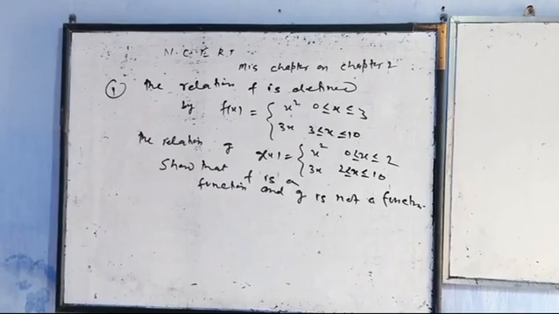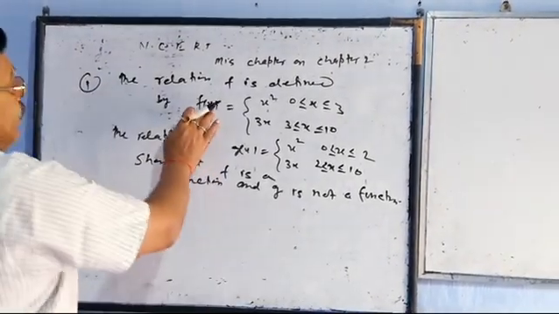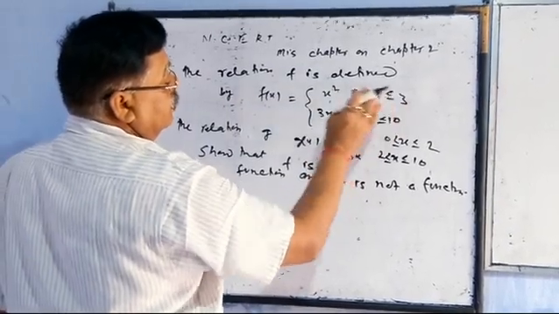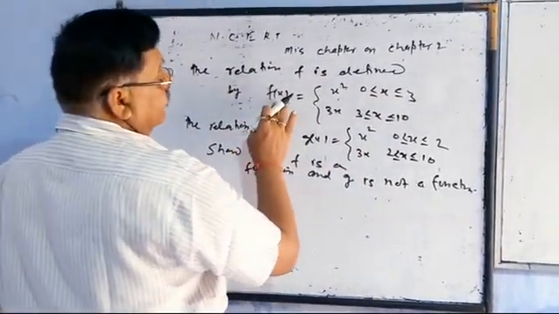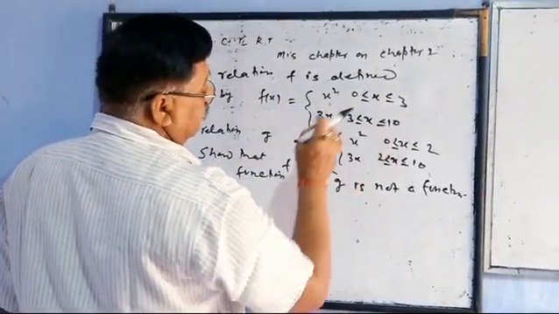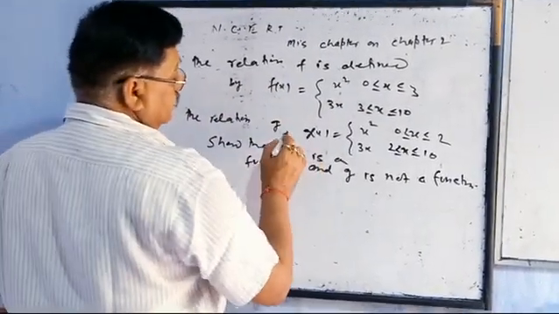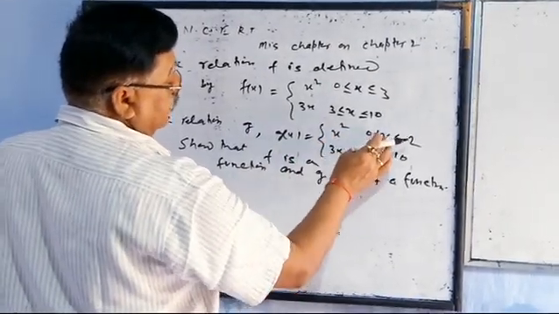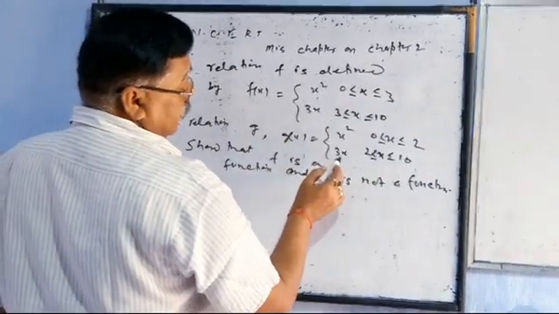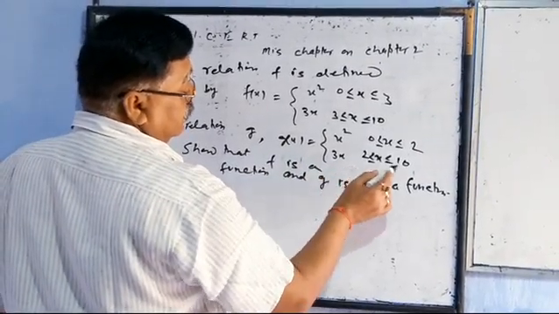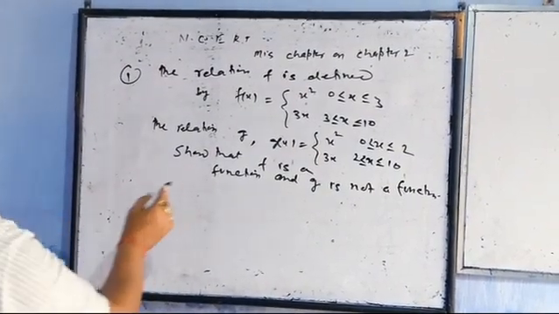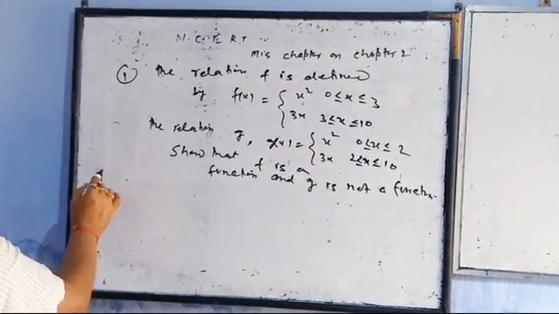Here f(x) is equal to x square for x from 0 to 3, and 3x for x from 3 to 10, and g(x) is equal to x square for x from 0 to 2, and 3x for x from 2 to 10. So we will prove that f is a function and g is not a function. Proof.